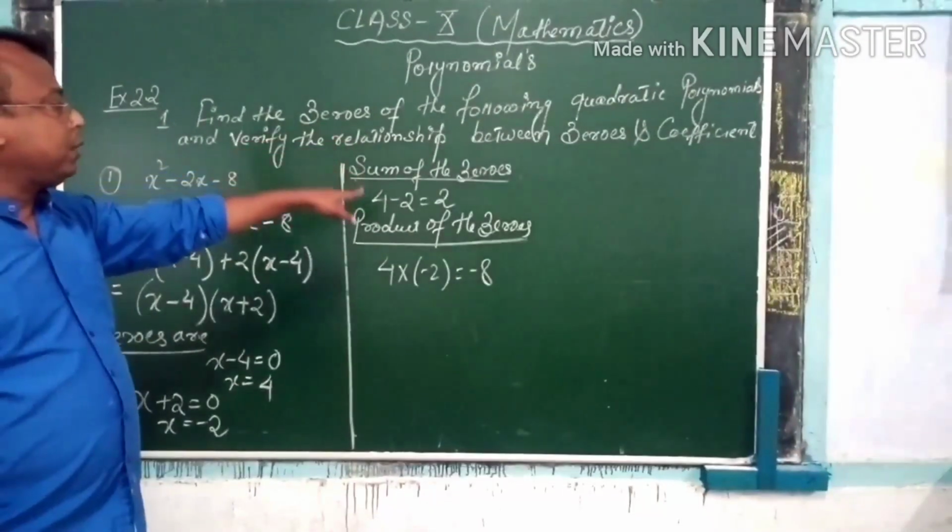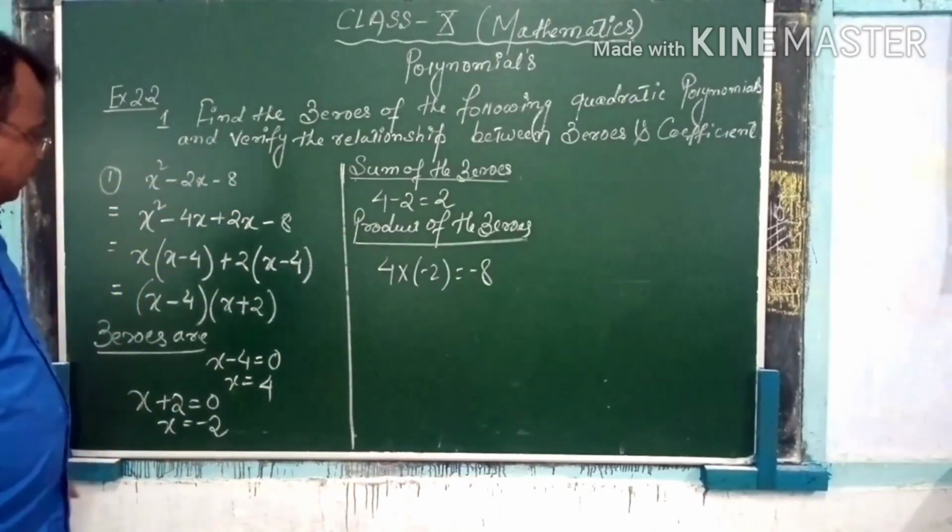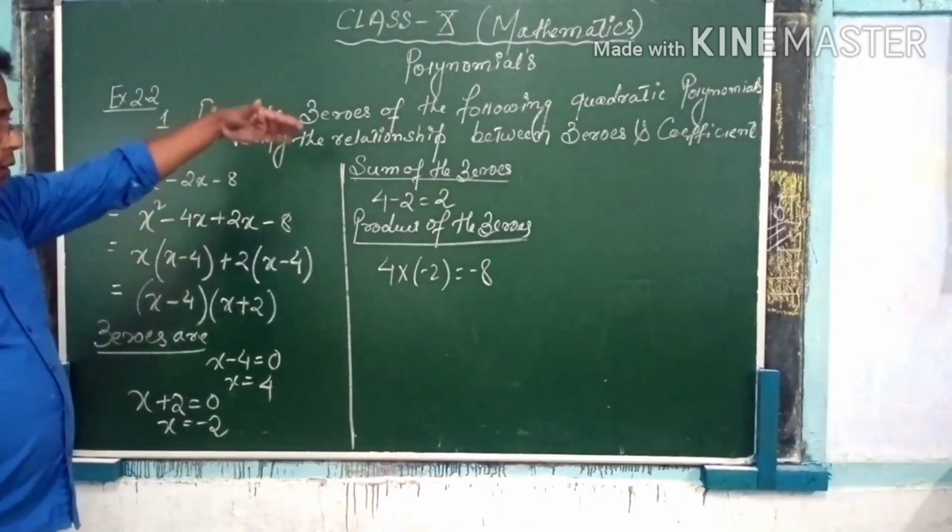So we got sum of the zeros is 2 and product of the zeros is minus 8. Okay. So these are the zeros and these are the sum and product.